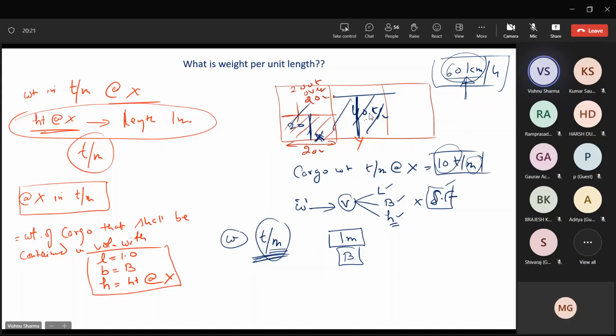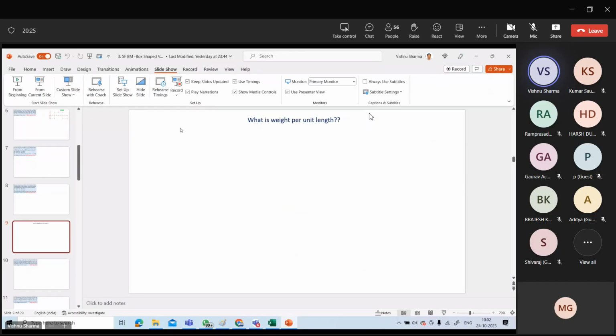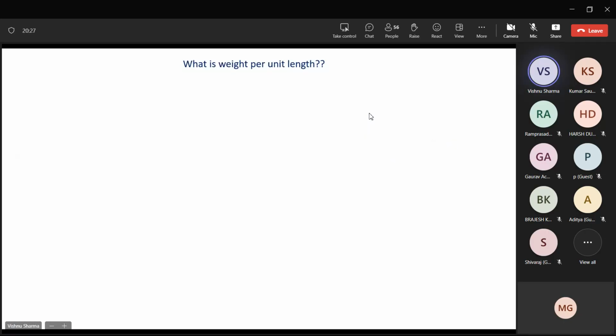I will clear the screen, make the diagrams again, and then ask you the questions and answer your doubts. What am I saying? Let me first explain once again. If this was the compartment in which the weight of the cargo, this is the height.